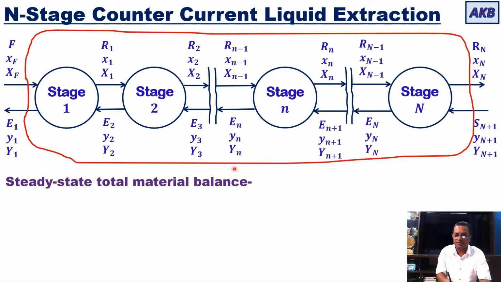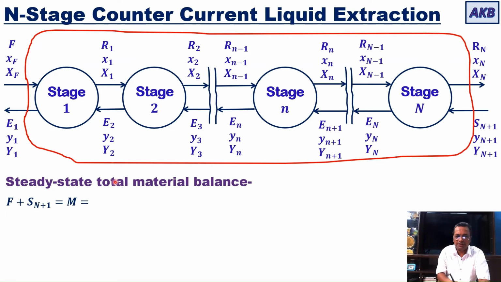If you look at the envelope, feed is entering into the envelope, solvent is entering into the envelope, final raffinate is coming out of the envelope, final extract is coming out of the envelope, and at steady state, since we are considering steady state total material balance, whatever material goes into the envelope, the same amount of material comes out of the envelope.